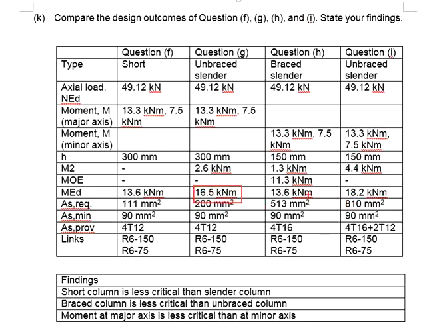It may seem to have little increment in terms of the moment that you use to design for the reinforcement bar, but you know that the column is more critical due to the moment. This slight increment leads to quite a significant increment in terms of the amount of reinforcement bar required. Here you only require 4H12, but here you require 4H16 plus 2H12. Quite a significant jump in terms of the amount of reinforcement bar provided.